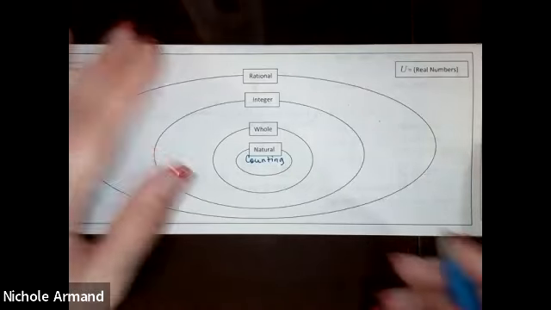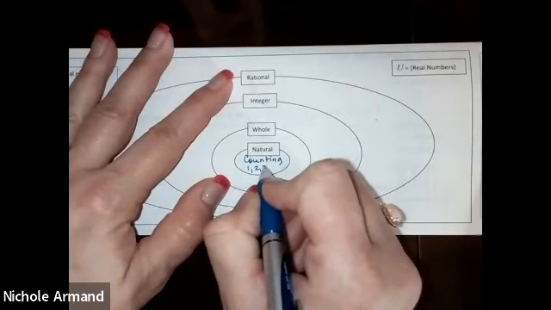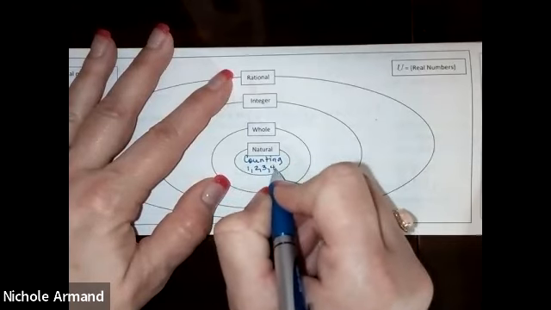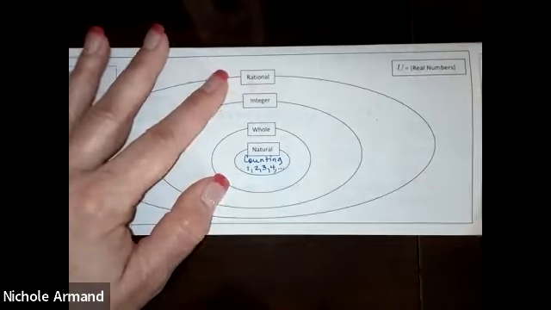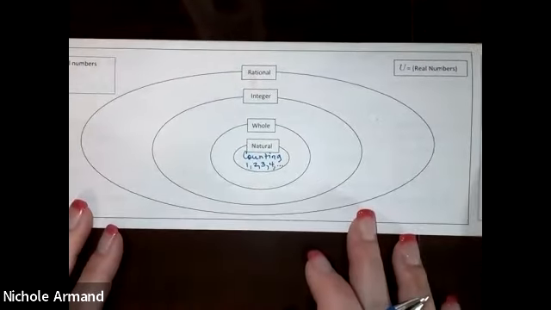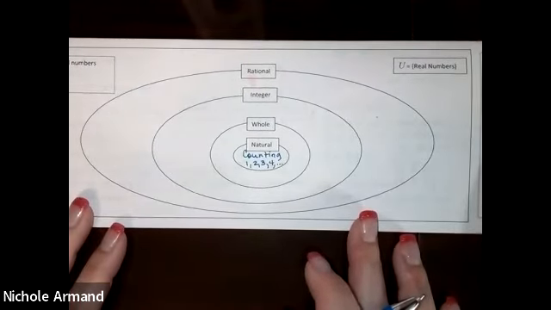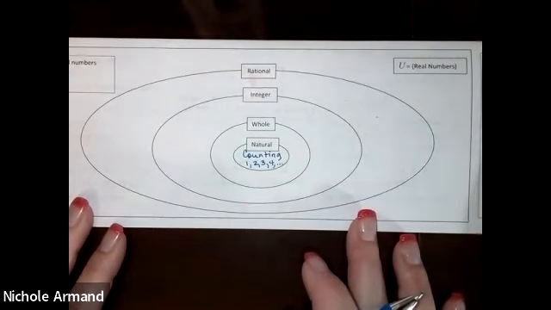We start with 1. 1, 2, 3, 4, and the 3 dots mean that this goes on and so on, whatever kind of wording you want to use. 5, 6, 7, 8, on and on. The natural numbers are an infinite set.